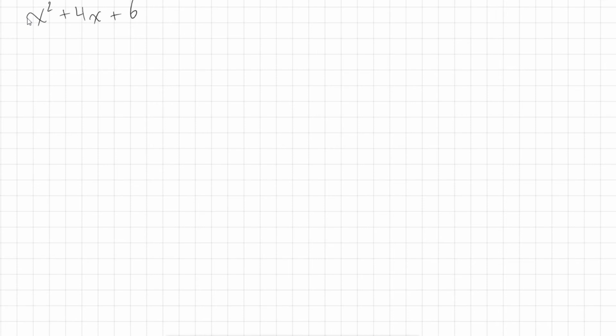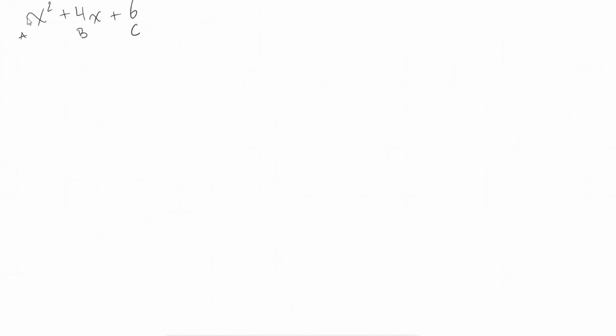Once again, this is my a, this is my b, and this is my c. So I'm looking for two mystery numbers that multiply to make 6, but add to make 4.